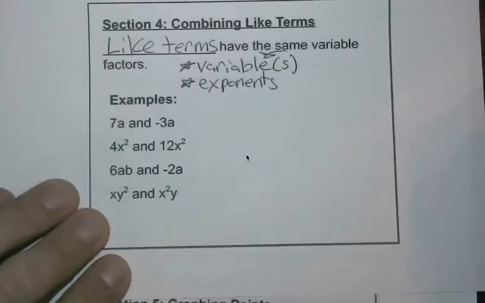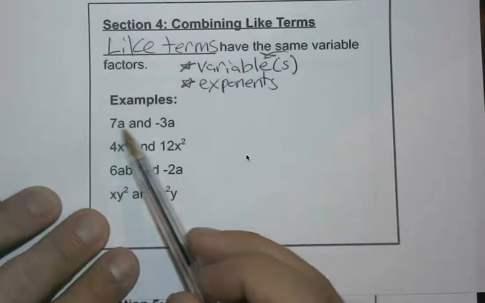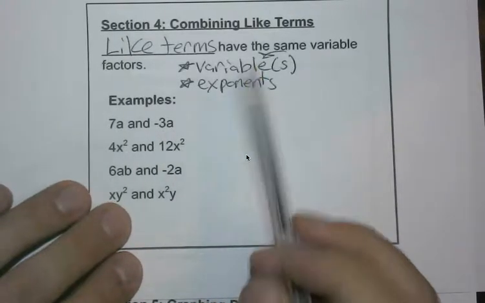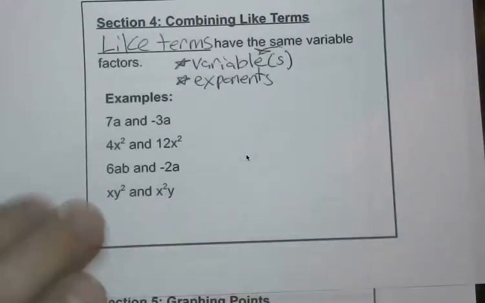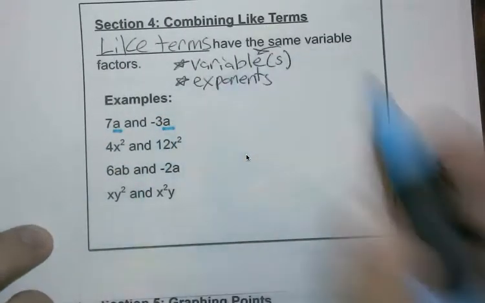So we would be able to declare that 7a and negative 3a, well, what do you think? Do these have the same variable? Do they have the same exponent? Hopefully we can agree that a is the variable.